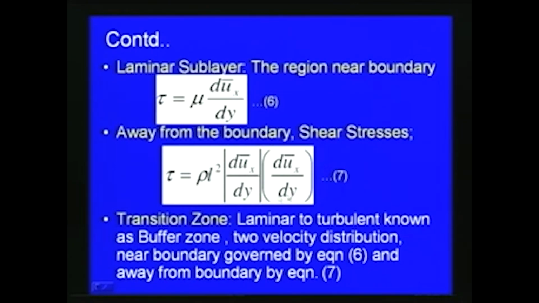As far as the transition zone is concerned, the transition takes place from laminar to turbulent, and it is known as the buffer zone. The velocity distribution near the boundary is governed by equation 6 and away from the boundary by equation number 7.